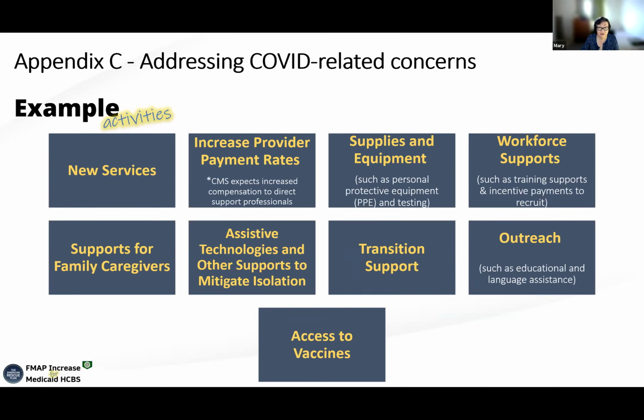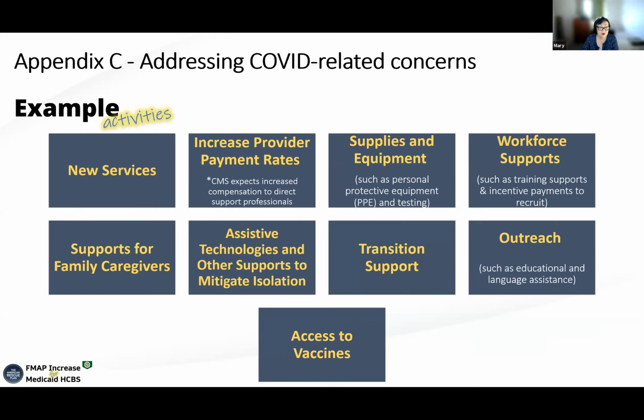For this option of increasing provider rates, CMS expects that any increase in rates will increase the compensation of direct support professionals. That's the requirement that would be attached to that for the public health emergency period.